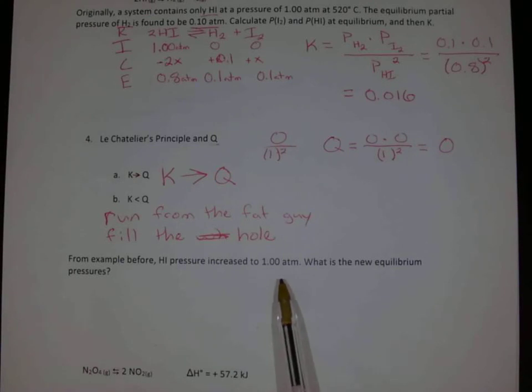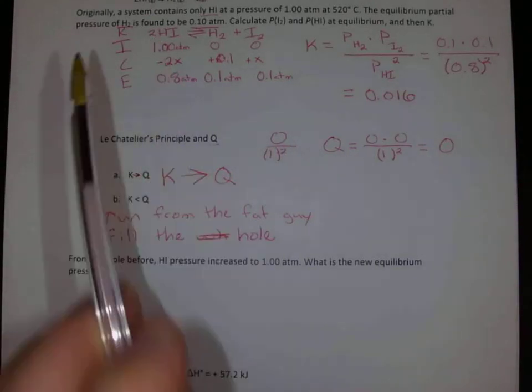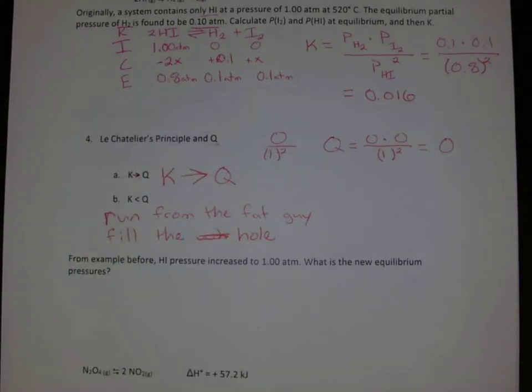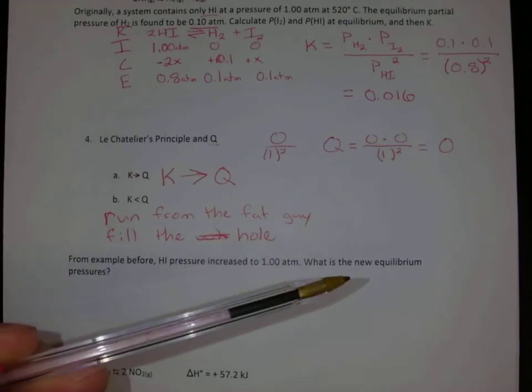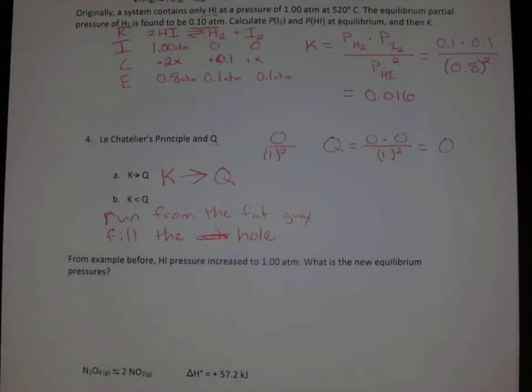Now, all of a sudden, there is a fat guy, which is HI. So we would expect we are going to run from the fat guy and move towards the right, and we are going to produce some of our products. We would expect the reaction to move towards the products.